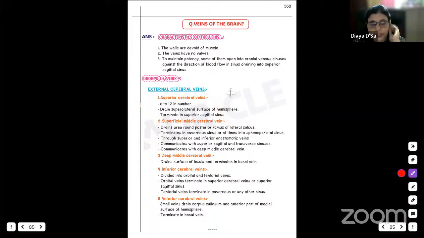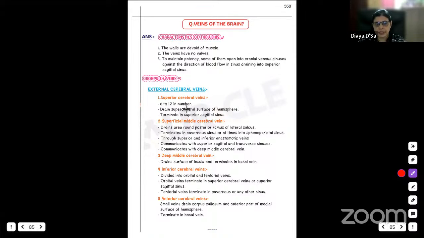Now we group these veins into external cerebral veins. The external cerebral veins include the superior cerebral veins, superficial middle cerebral vein, deep middle cerebral vein, inferior cerebral veins, and anterior cerebral veins. The superior cerebral veins are about 6 to 12 in number.